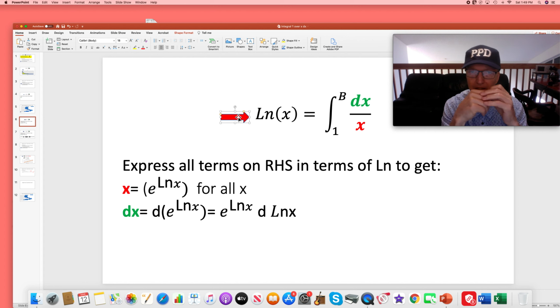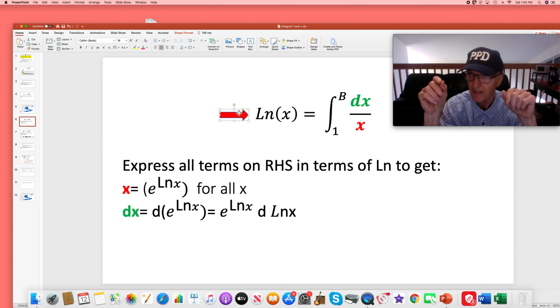So here we have ln of x is equal to the integral from 1 to b of dx over x. Now notice on the left hand side, ln x, what is ln? It's the natural logarithm. It's the anti-function of e to the x, and when you do ln of e to the x, what comes out is x. It releases the exponent x. So that's right at the heart of ln x.